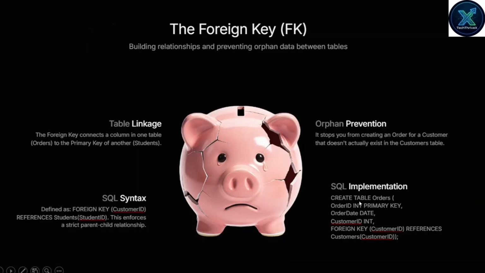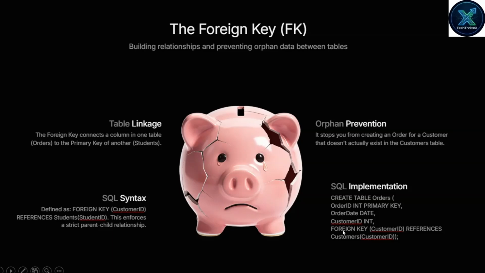Here you can see, right, we are creating a table orders, with order ID as a primary key because it cannot be null and it should be unique. We also have order date as a date column and customer ID column as an int data type.